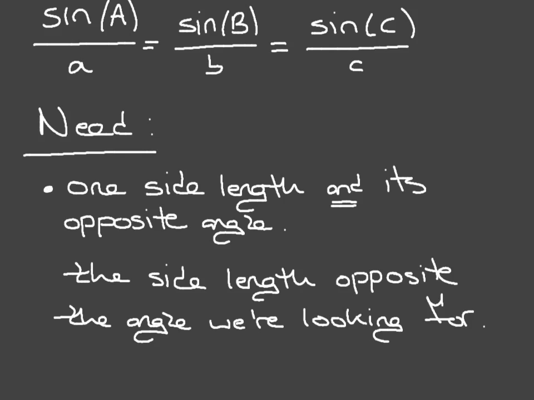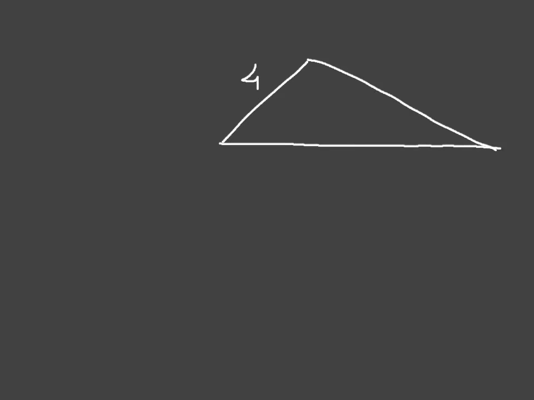So let's go ahead and look at an example. Let's say we're given the following triangle, and we're told that this side length is 4, that this side length is 6, and this side length is 5.7. We're also told that this interior angle is 40, and we're asked to find this interior angle A. Now, let's see if we can use the sine rule here.